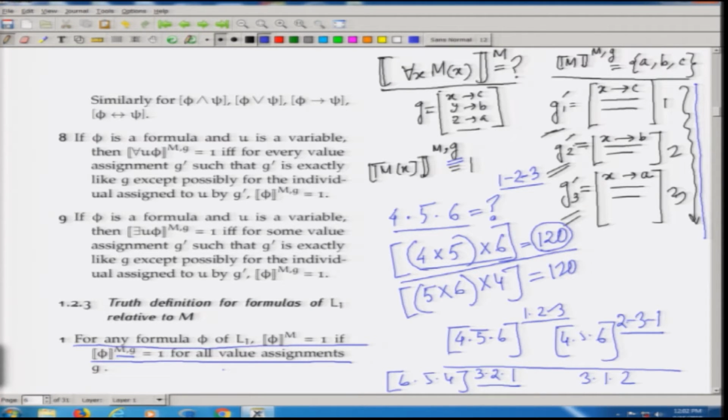Now if one value assignment g computes it, all value assignments g have computed it, as we have seen here. But we need a rule to say that the moment we calculate something with respect to g, that is with respect to one direction, we also calculate that very thing for all other directions. We do not have to recalculate for each and every path, for each and every direction.